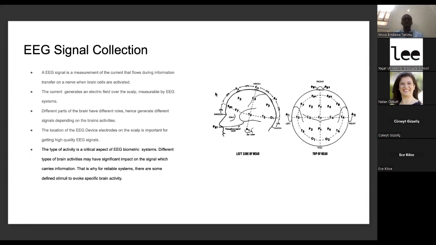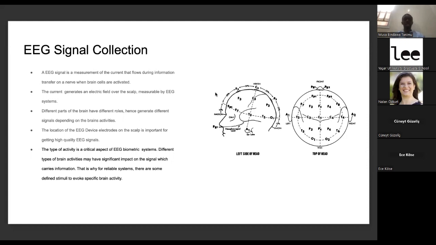Different parts of the brain have different roles, hence they generate different signals depending on the brain activities. According to this, the electrodes from EEG devices are placed on different parts of the head in order to collect these signals.